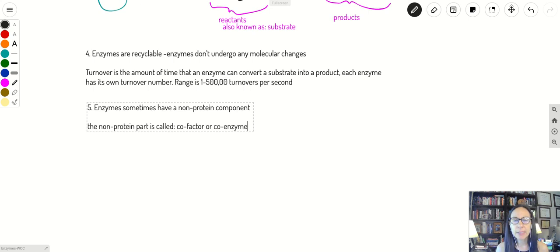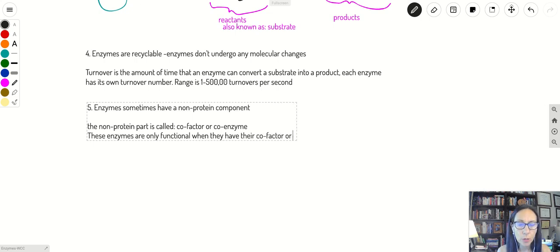And so when you have your protein without the cofactor, that enzyme is non-functional. So these enzymes are only functional when they have their cofactor or coenzyme.